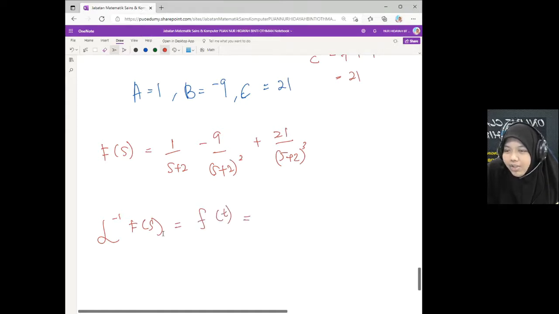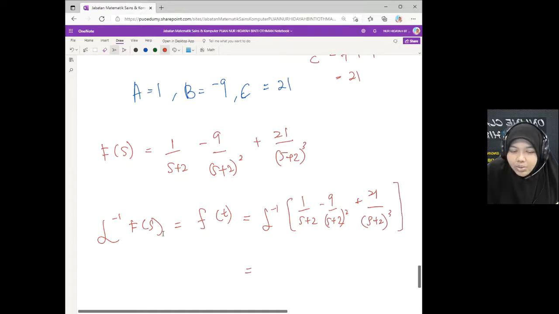Therefore, we will inverse all these: 1 over s plus 2, minus 9 over s plus 2 to the power of 2, and then our 21 over s plus 2 to the power of 3. So kita akan inversekan ketiga-tiga ini.